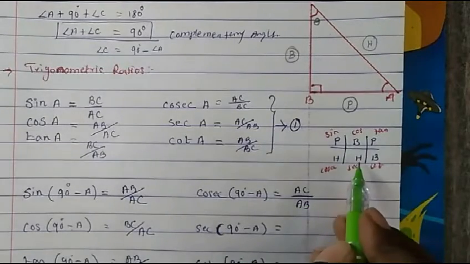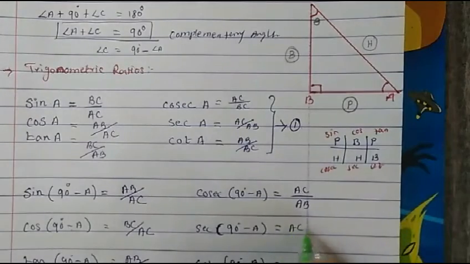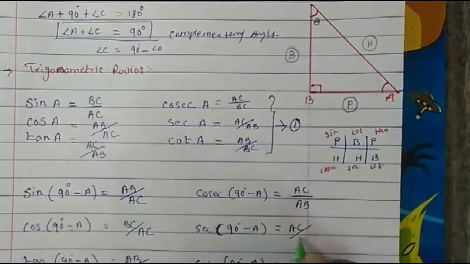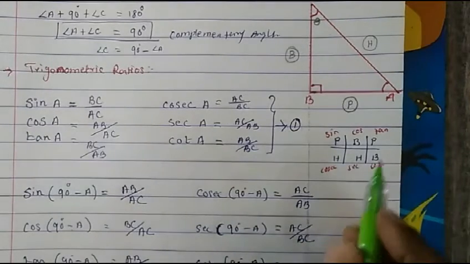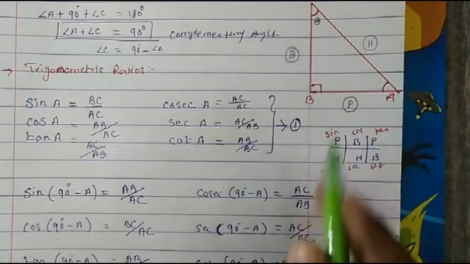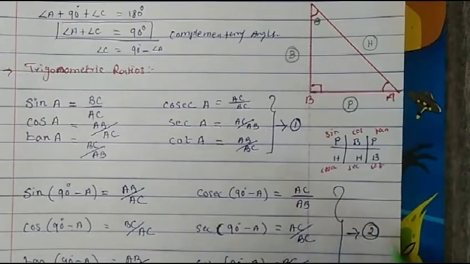For sec, hypotenuse upon base, so AC upon BC. Then for cot, base upon perpendicular, so base is BC, perpendicular is AB. Let's take this as equation 2.